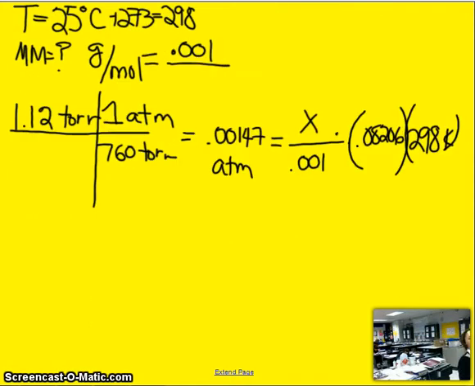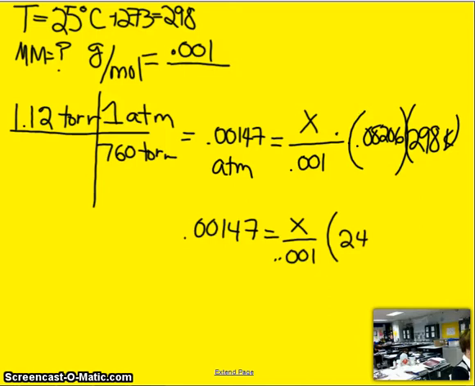Okay? So I will combine the 0.08206 and the 298, and I'm going to get 0.00147 equals X over 0.001 times 24.4538. So I'll divide both sides by the 24.4.